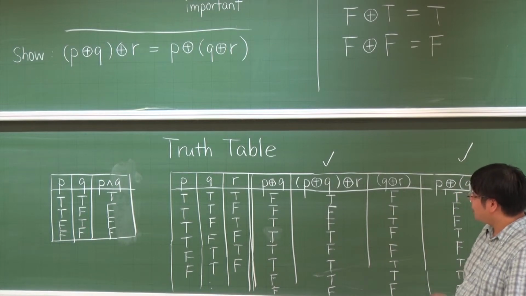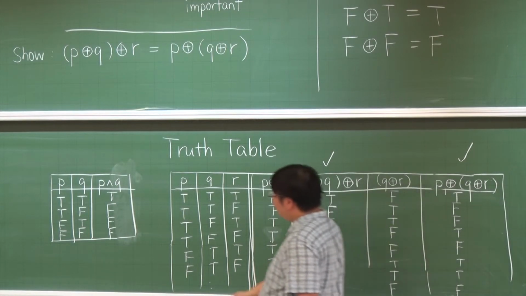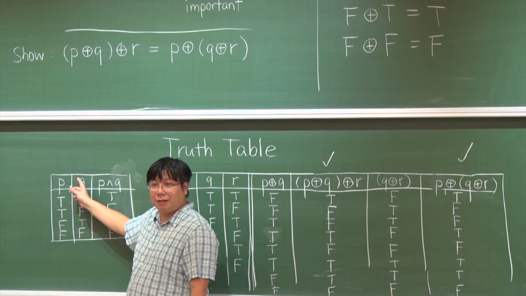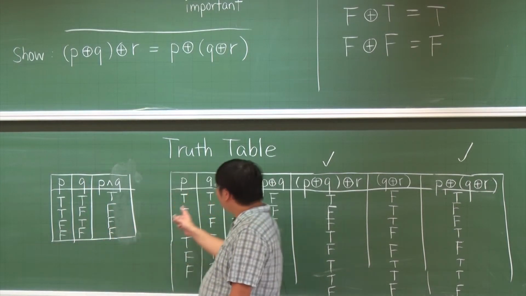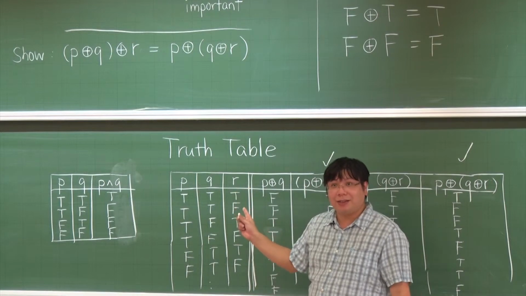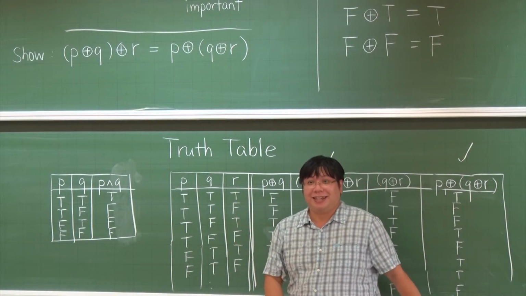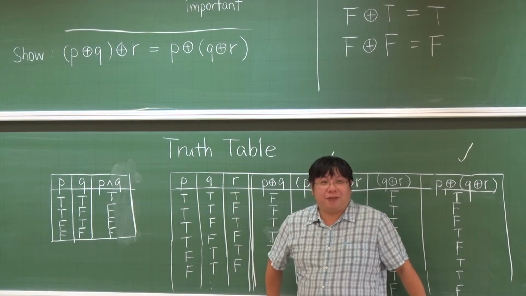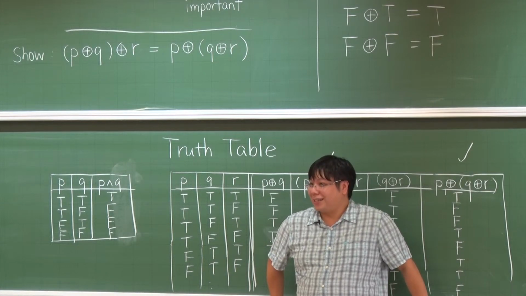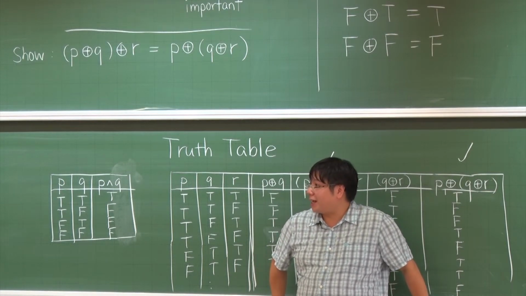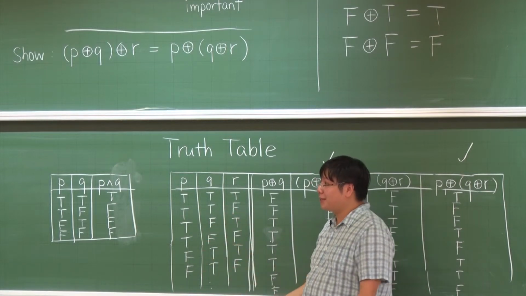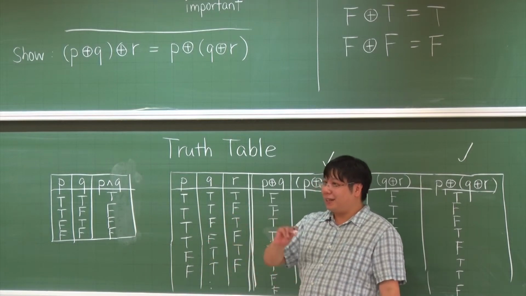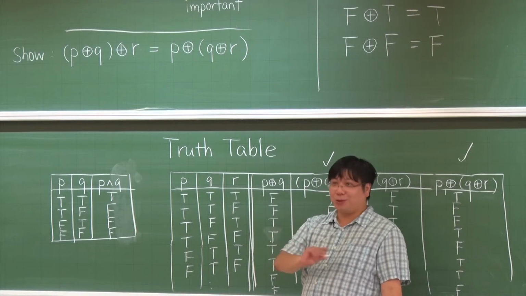Here we have P and Q unknown, so there are 4 cases. Here we have P, Q, R unknown, and there are 8 cases. If we have 10 unknowns, then we will need to write down a truth table with nearly or more than 1,000 rows. And then in your exam, I guess you don't want to do that.